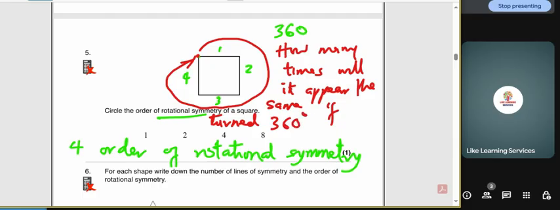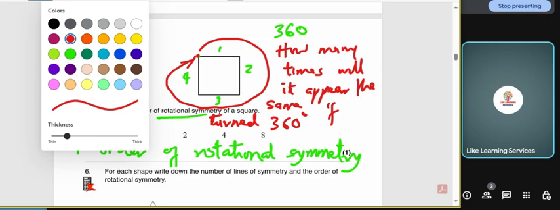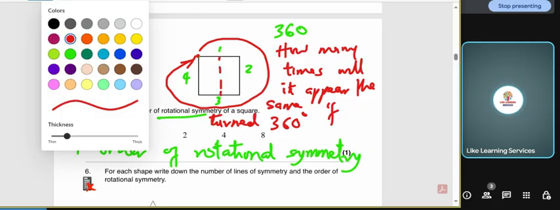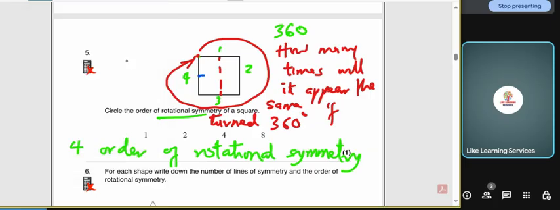Wait, so how many lines of symmetry does a square have? 4, right? Are you sure? Okay. Are you sure? Let's check. 1, if it's a square. 2.